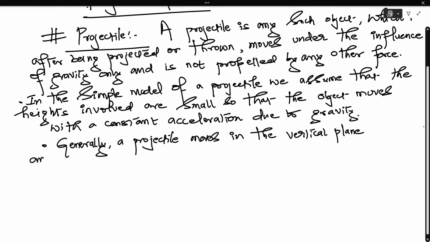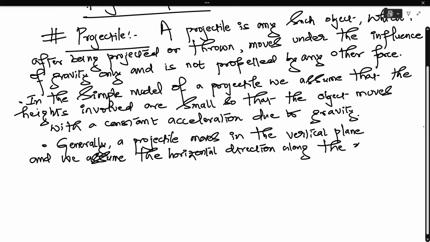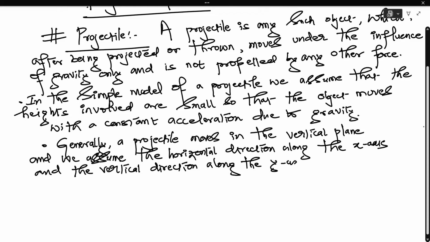Okay, and we assume the horizontal direction on the x-axis and the vertical direction along the y-axis. ठीक है. अब मुझे बताओ कि यहाँ पे ऑब्जेक्ट का जो एक्सेलरेशन होगा वो किस तरफ होगा?